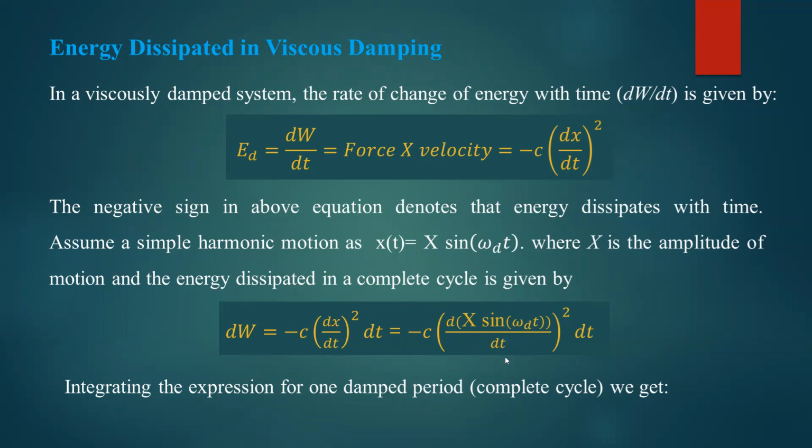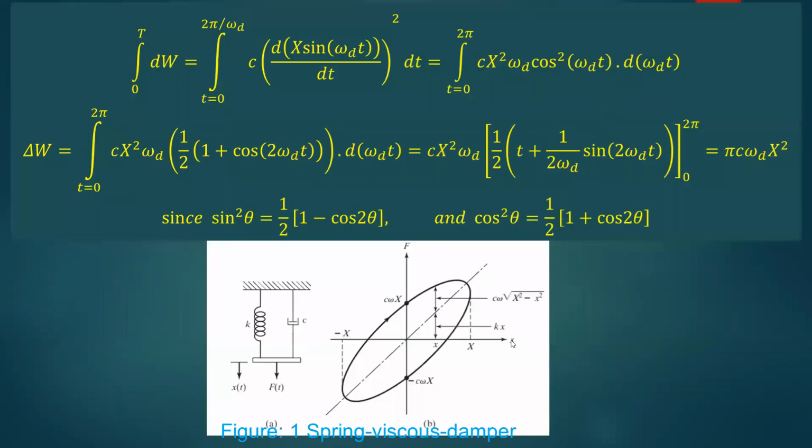Integrating this expression, what we get is for one complete cycle of vibration. A complete cycle means a hysteretic cycle. The cycle starts from 0 to some time period T. That time period for a damped system is 2π over ωd, where ωd is the damped natural frequency.